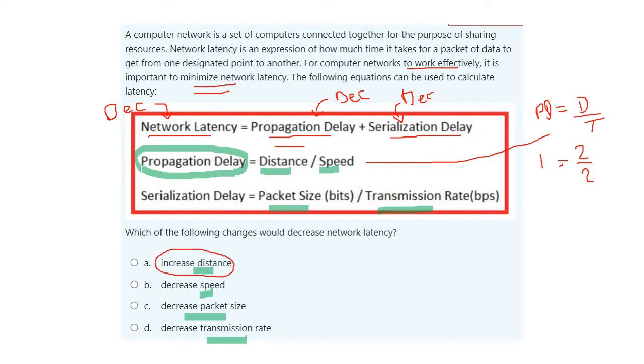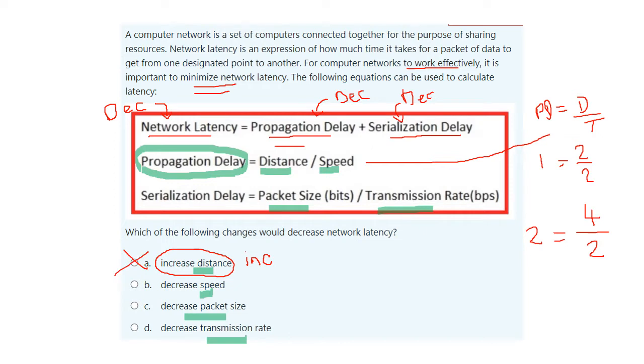Instead of 2 over 2, we might get 4 divided by 2. Well, 4 divided by 2 would give us 2. This would increase the propagation delay. So A is not correct.